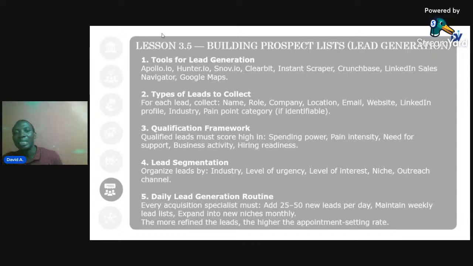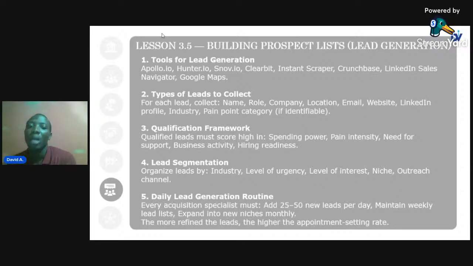Number 1 is the name of the decision maker and the role of that decision maker. You need to get it. Number 2, the company. Which company are you targeting? The location of the company, the email address of the company.